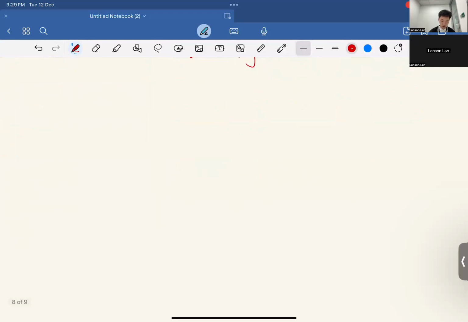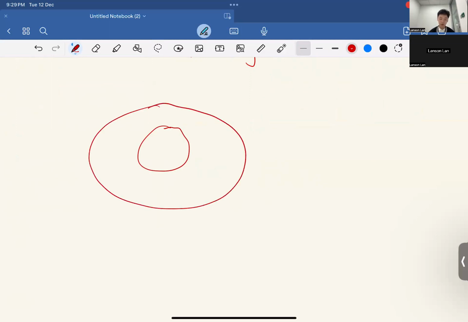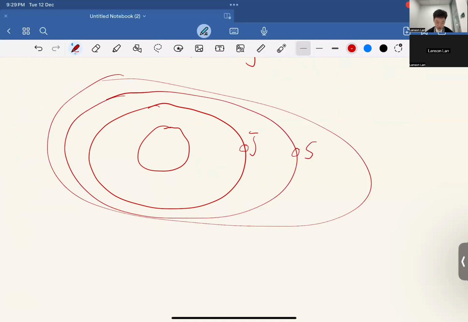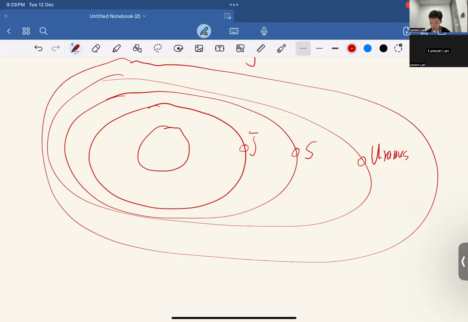So if here's our Earth, and outside our Earth we have Mars, but Mars is comparatively small. Here we have Jupiter, and outside Jupiter we have Saturn, and outside Saturn we still have Uranus, and outside Uranus we have Neptune.